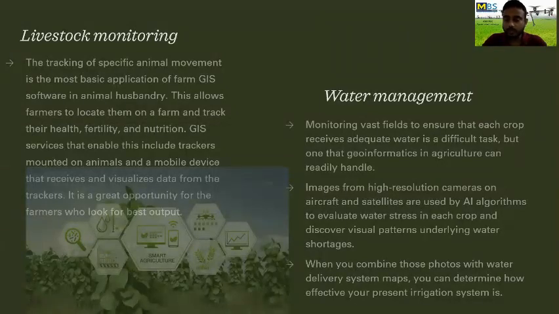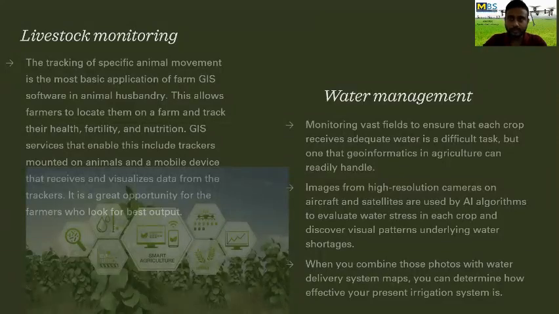Another important thing is water management. Monitoring vast fields to ensure the crop receives adequate water is a very difficult task. So water management uses images and high resolution photos taken by satellites. Using those, they can evaluate water stress in each crop.